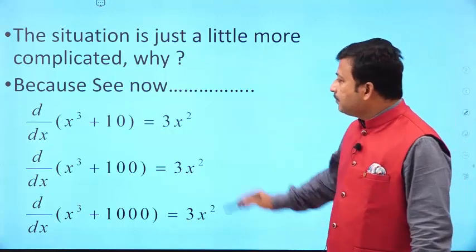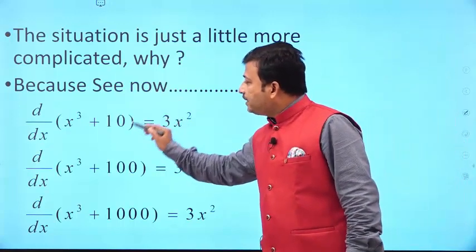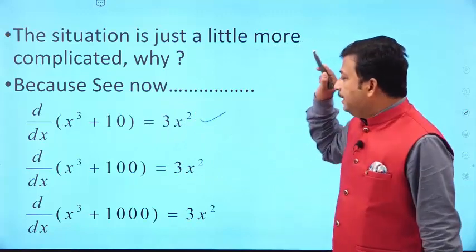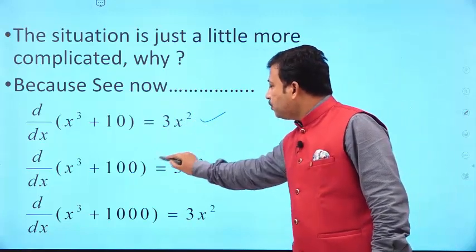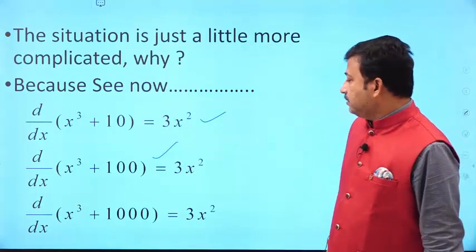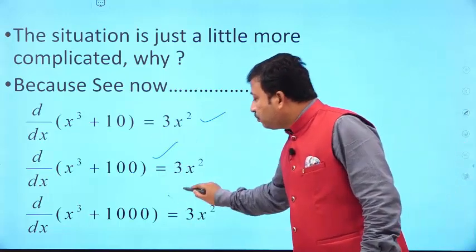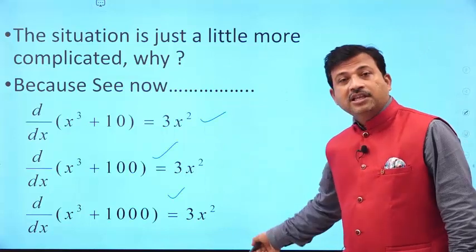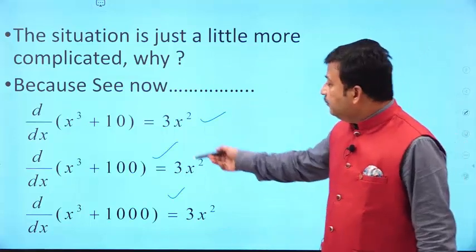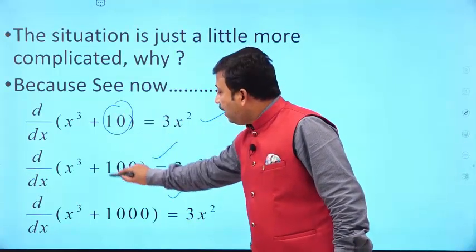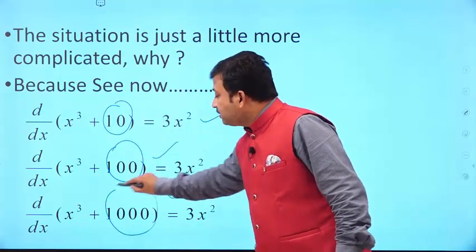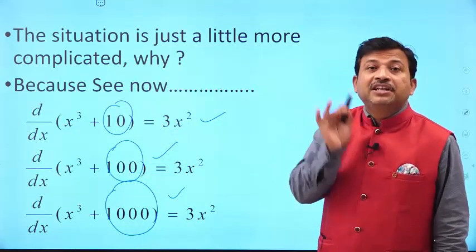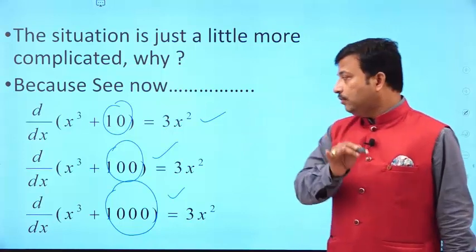Because dy/dx of x cube plus 10 is 3x square. dy/dx of x cube plus 100 is 3x square. dy/dx of x cube plus 1000 is 3x square. For any of these functions you get the same value, even though the constants are different. So the constant doesn't matter, because the derivative of a constant is always 0.